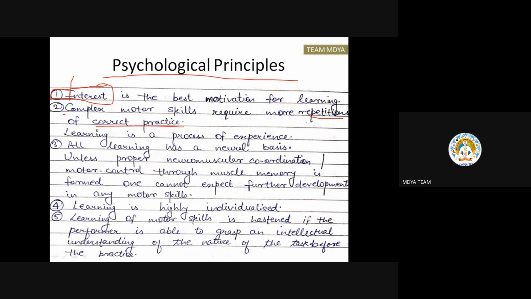If the practice is incorrect and you keep repeating it, then there is no point. So the practice should be correct, because if you learn it incorrectly the first time, you will need to change it, which will be a little difficult later.